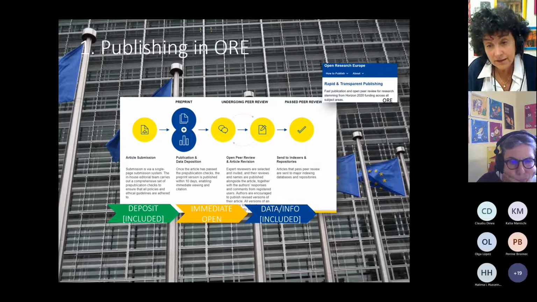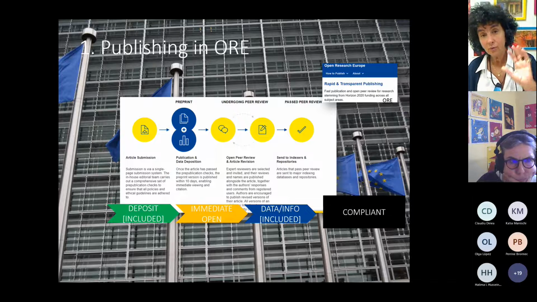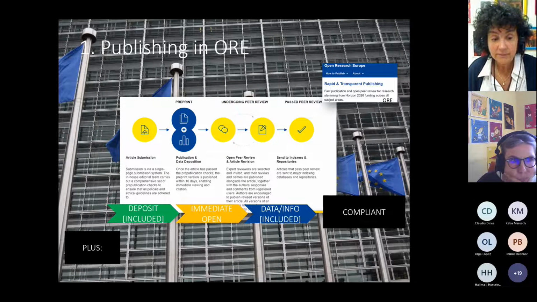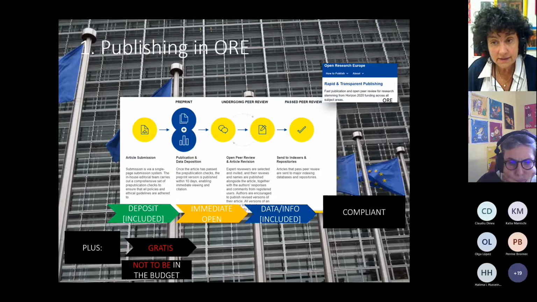You have also the data and all the information needed to validate included because you can put them on the same platform. Basically, whenever you publish in ORE, you already are compliant with the mandatory practices. Plus, it's always for free, so it's always at no cost, and it's not to be included in the budget.